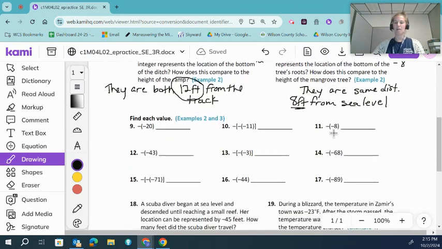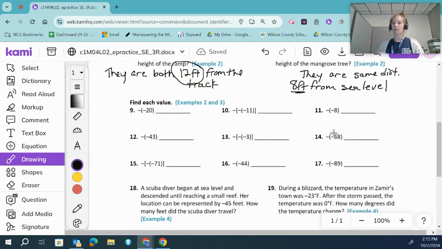Now here's a couple problems that are talking about opposites again. The negative represents the opposite of 20, so you can read a negative as the opposite. So the opposite of -20 is going to be +20.